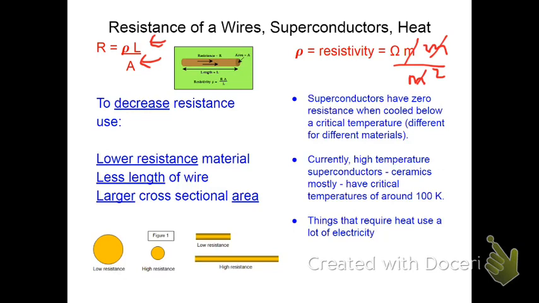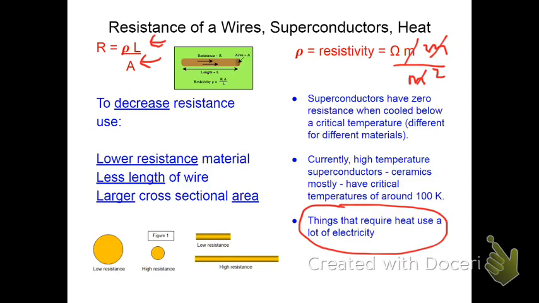Superconductors are great. They may be part of the future. They have very low resistance, which would be good, because things with electricity require a lot of heat, and there are frictional losses there, and superconductors have very little frictional losses.